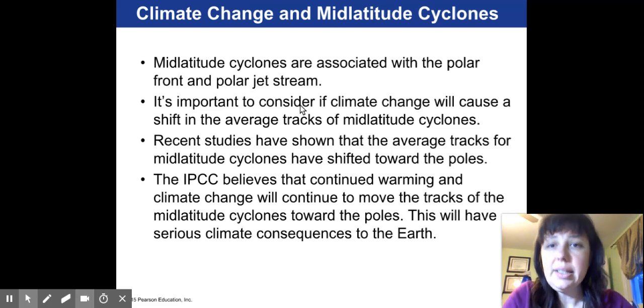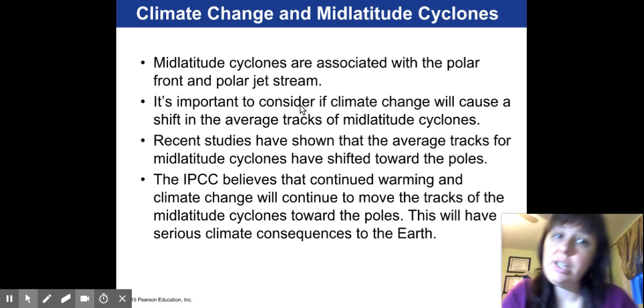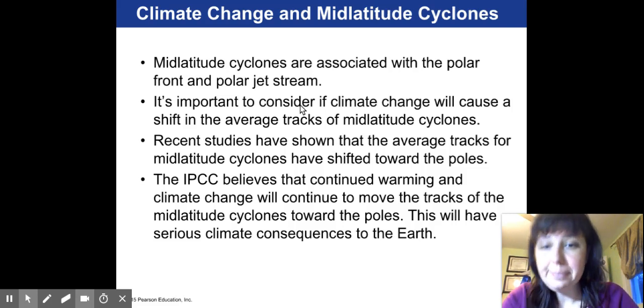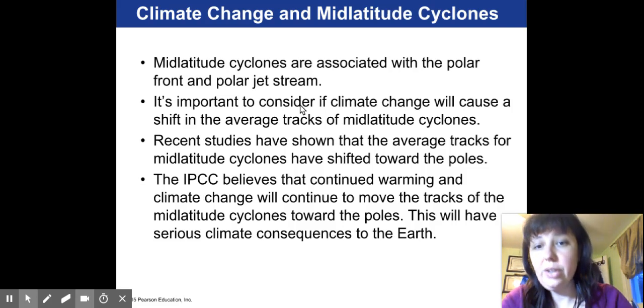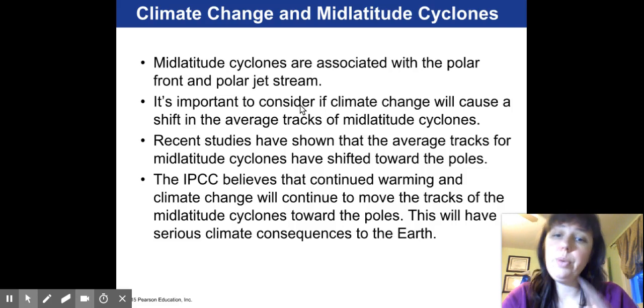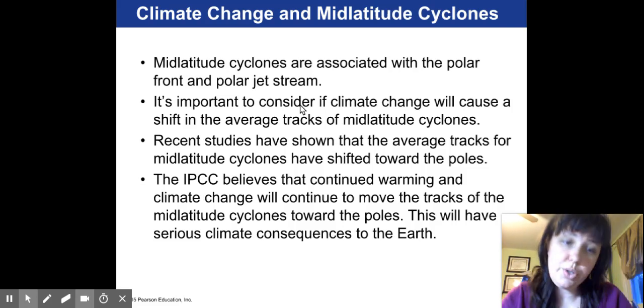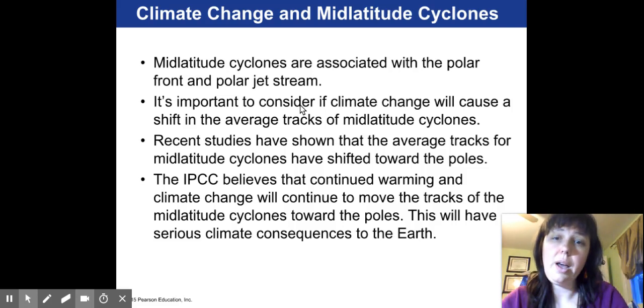So talking a little bit about climate change and mid-latitude cyclones, according to the IPCC, the Intergovernmental Panel on Climate Change, their group and all of the research that's been working on what's going on has noticed a drastic increase in mid-latitude cyclones.